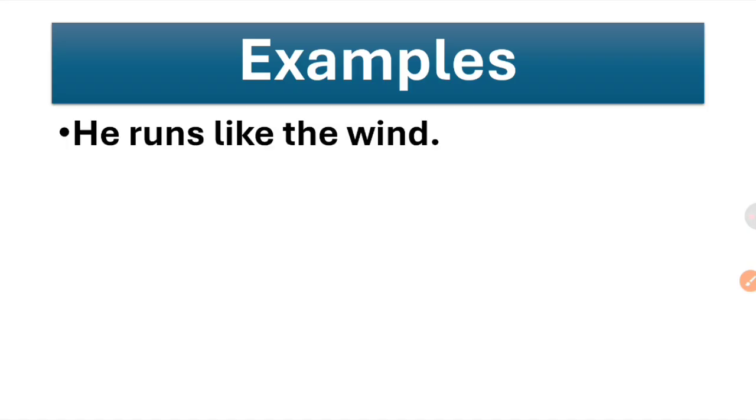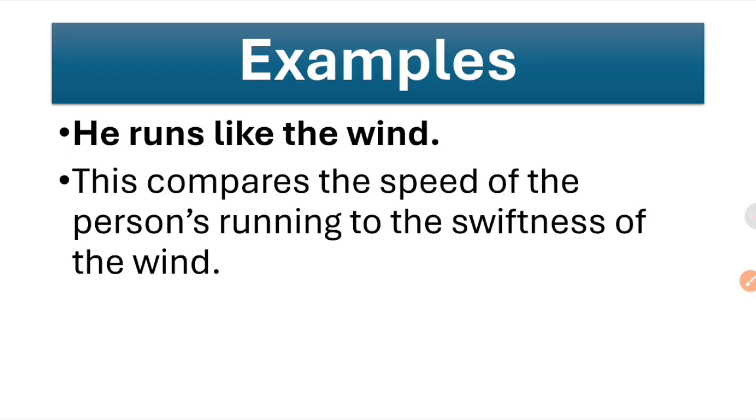Another example, he runs like the wind. Now you are not saying that he runs very fast. You are saying he runs like the wind. That means this compares the speed of the person's running to the swiftness of the wind.